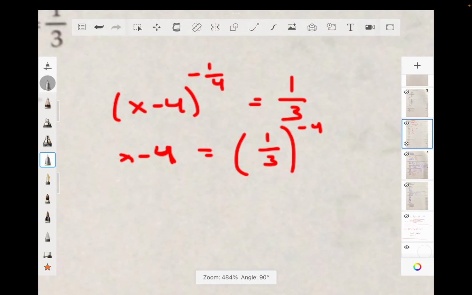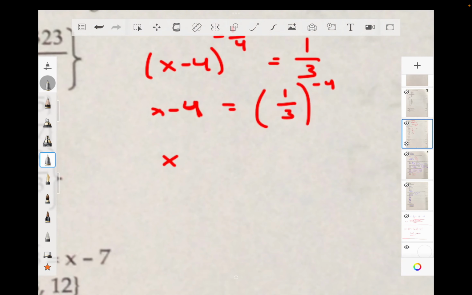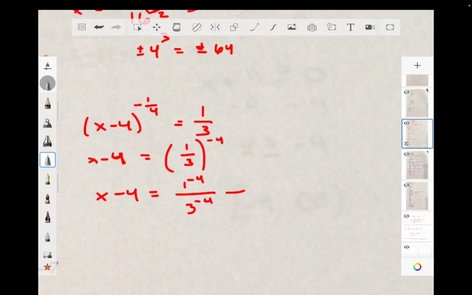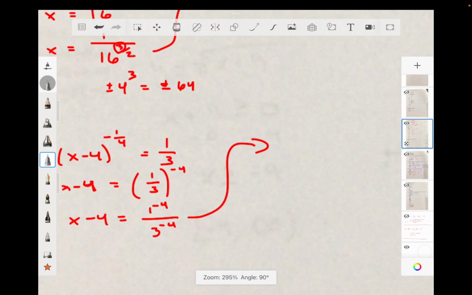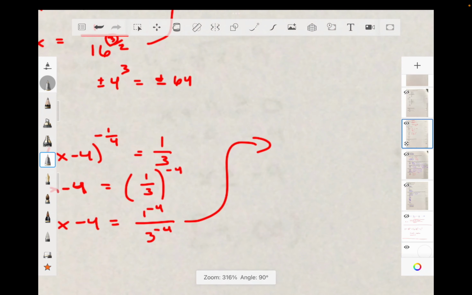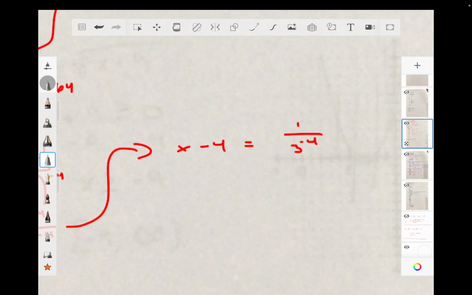Of course, you distribute the exponent to each value in the parentheses, so it becomes x minus 4 equals 1 to the negative fourth over 3 to the negative fourth. 1 to anything is just going to be 1, so it becomes x minus 4 equals 1 over 3 to the negative fourth.